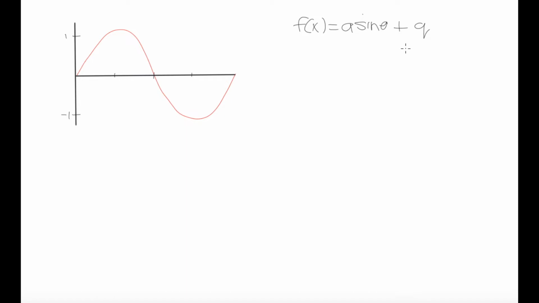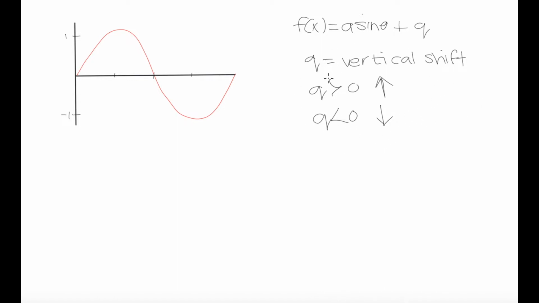Let's start out with q. Our q value is going to represent our vertical shift. And what that means is that if we have a q value greater than 0, our curve is going to shift upwards. And if we have a q value less than 0, our graph is going to shift downwards. And this is not unfamiliar to us.